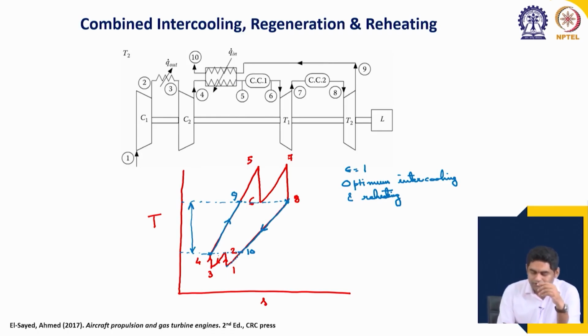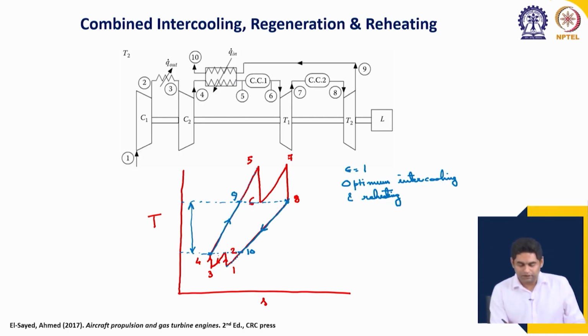We can see that by adding this regeneration, because the regeneration can lead to such considerable heat addition, the actual heat addition from the external source in the combustion chamber is considerably reduced.